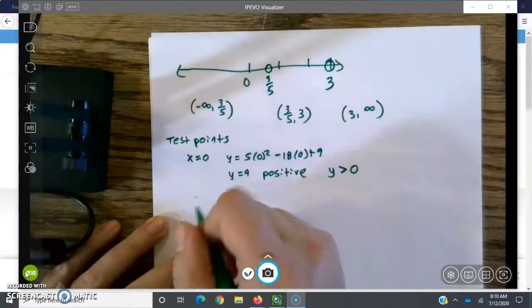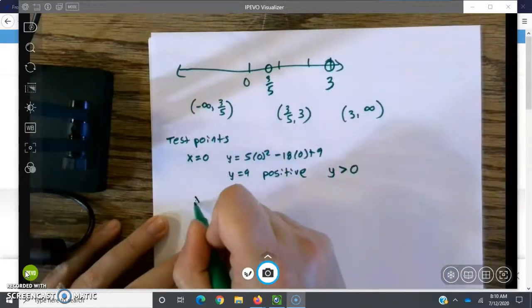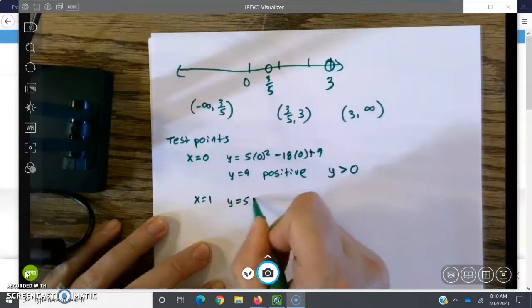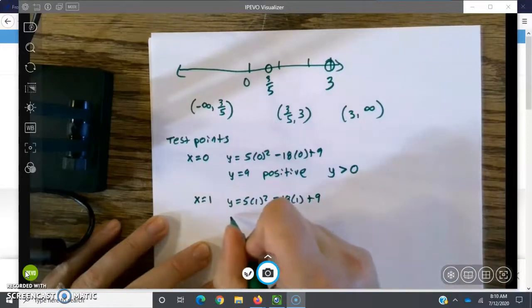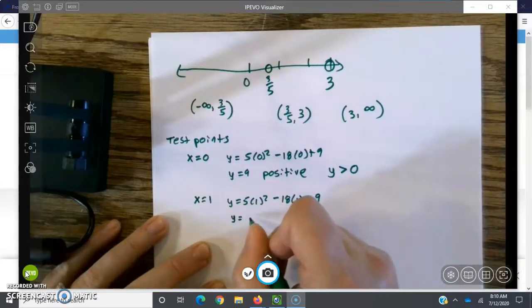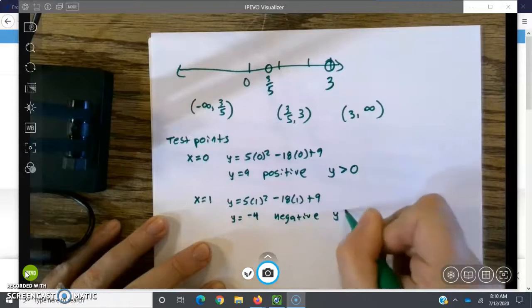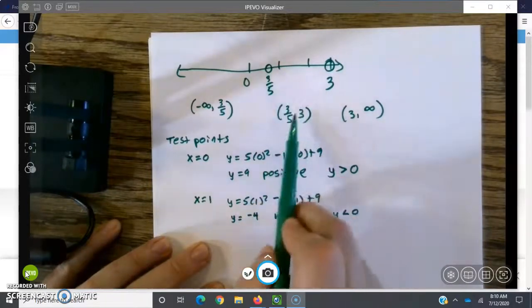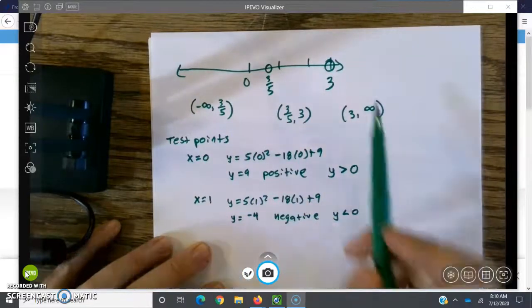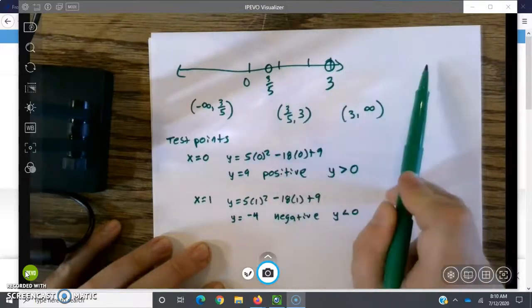So let's try another point. Now let's try, say, 1, between the two. Okay, so we found that this one is negative, so y is less than 0 in this region. That's what we wanted to find out. We have to test one more point over here to see if maybe there's a point here that works too, in case we have two regions that work.